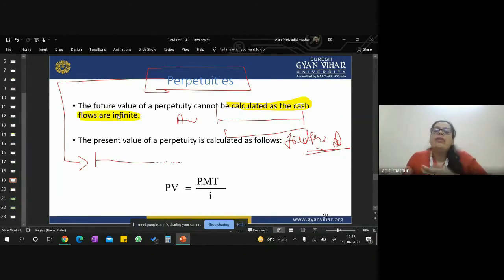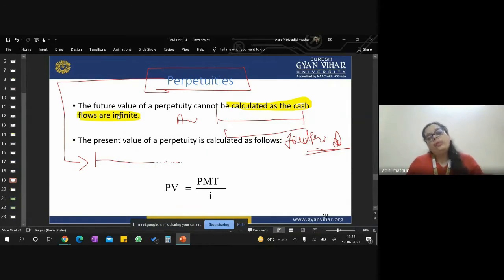So definitely there will be no n element in this formula. The formula is very easy, and I think in the entire time value of money chapter, it is the only formula you might have found very simple, just two elements: your amount divided by interest, for the calculation of the present value of perpetuity.